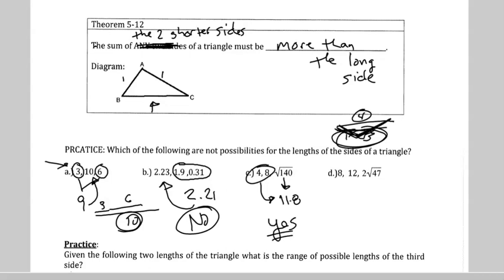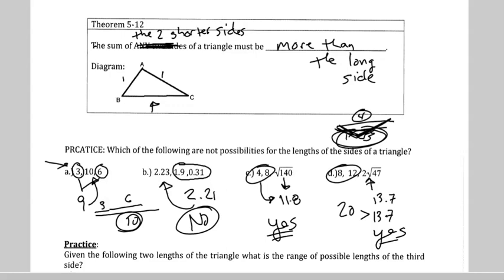Yes, that's a possible triangle. 2 times rad 47. That gives me 13.7. Do the 2 short sides add to be longer than long? Is 20 greater than 13.7? Yes. So these are possible side lengths.